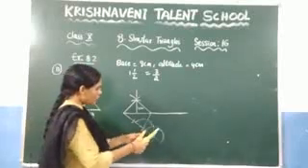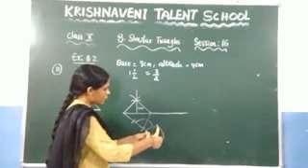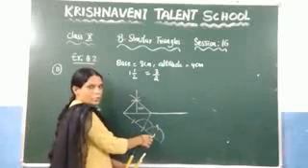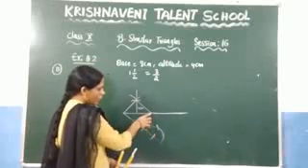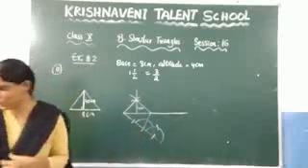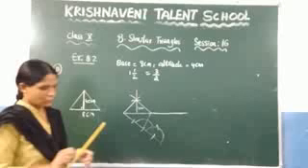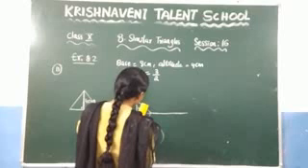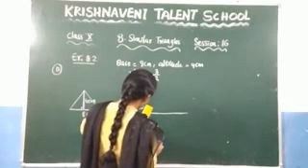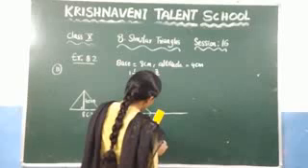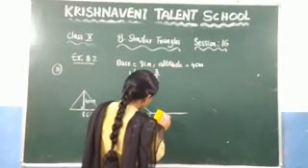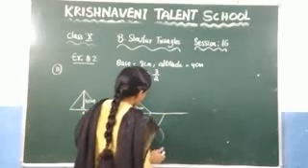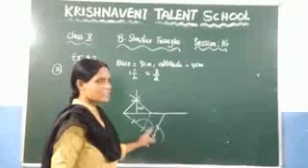Now at this point draw one more arc, so that you get one intersection point here and one here. If you join this, you will get a line parallel to this line. So let us join that one. You can observe that these two lines are parallel.